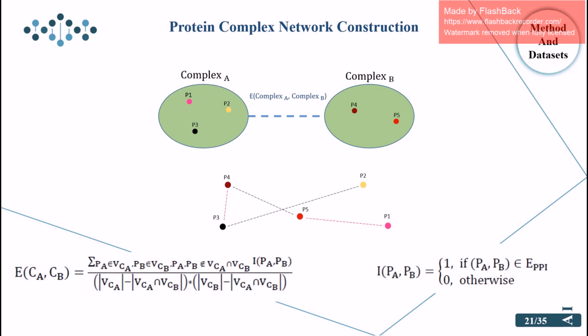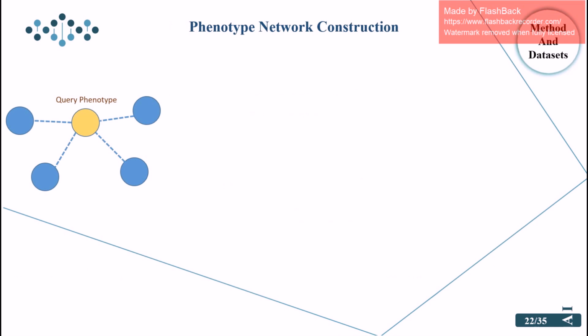The formula basically counts all the interactions and divides it by the multiplication of all unique nodes of CA and CB. For constructing the phenotypic layer, again, we need to find some neighbors for each phenotype. Based on previous works, we chose 10 as the number of neighbors for each phenotype.